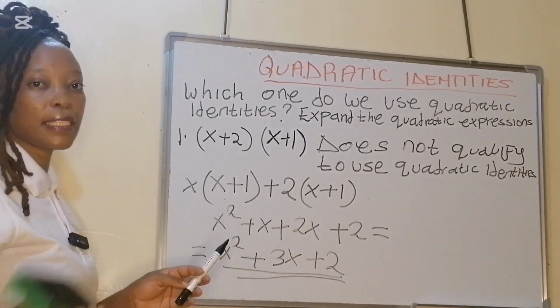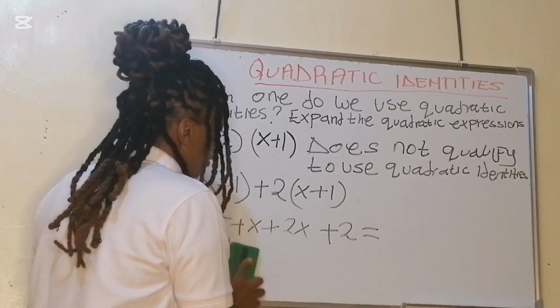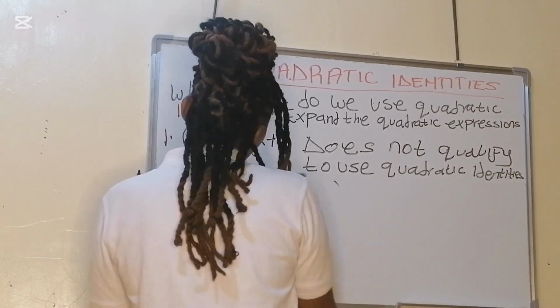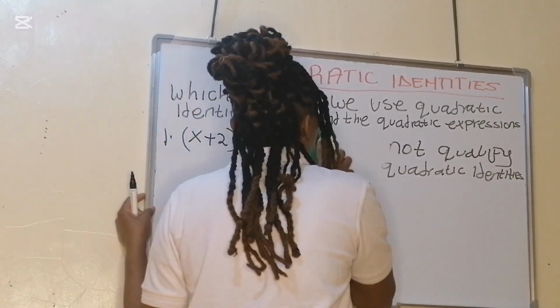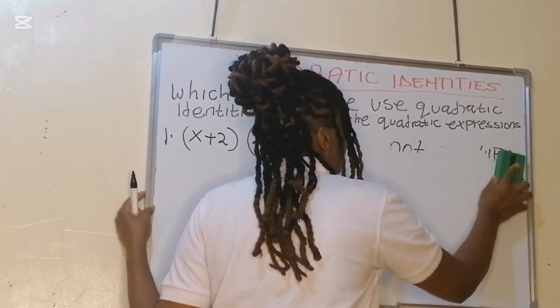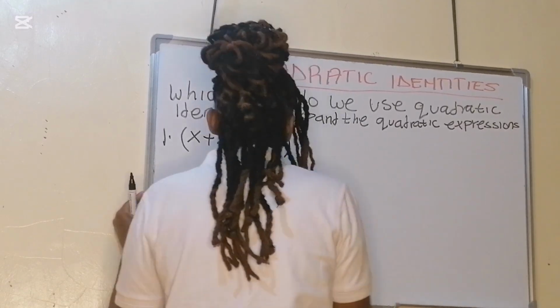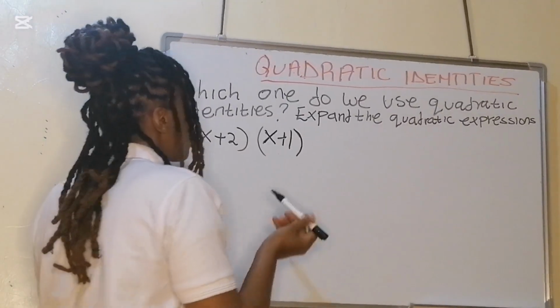Okay, let's now use quadratic identity. Let me give you a quadratic expression, the one that was in number 2, that uses quadratic identity to expand. You are told to expand a quadratic expression. This one we are going to use quadratic identity. I have given you the two.